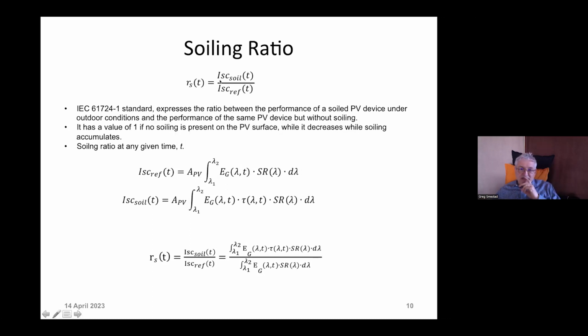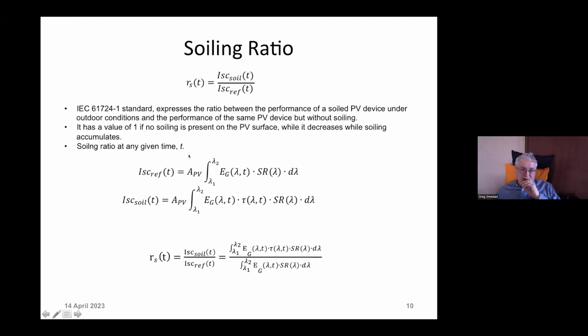Now, the soiling ratio is the short circuit current when you have a soiled case versus the reference case, the ideal case, where everything is clean on the solar panel. And there's a standard, an IEC standard, which expresses this ratio and talks about how it can be measured, and on what conditions it can be measured.